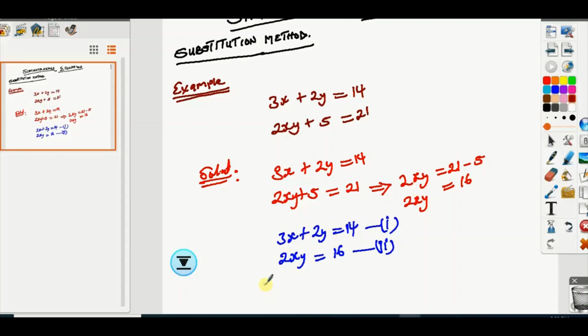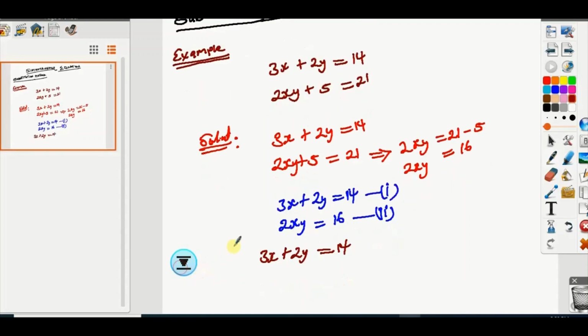From equation 1, we have 3x + 2y = 14. So we want to form equation 3 now. We have 3x equal to 14, and this 2y comes to the right-hand side of the equal sign as minus 2y.